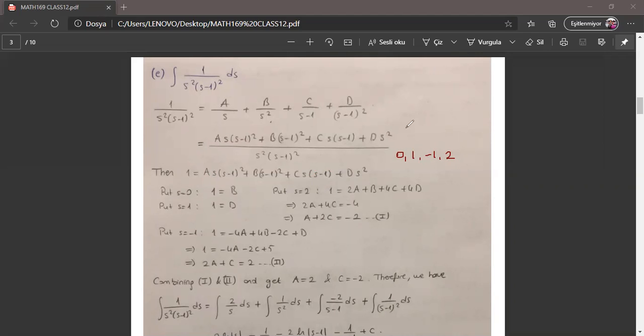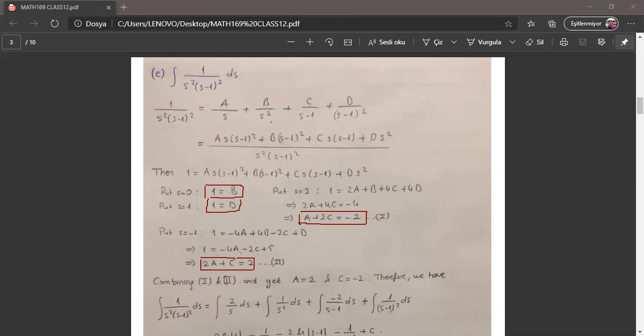So we try the least integers and get this. And from this, we obtain this equation, and by using s equals minus 1, we get this.